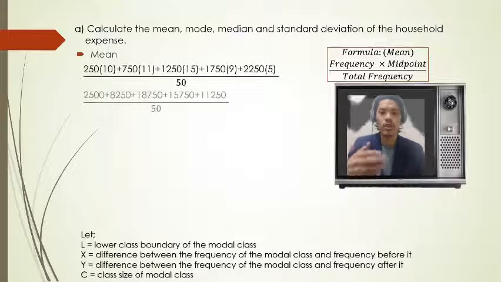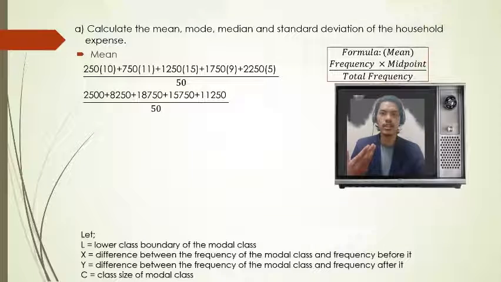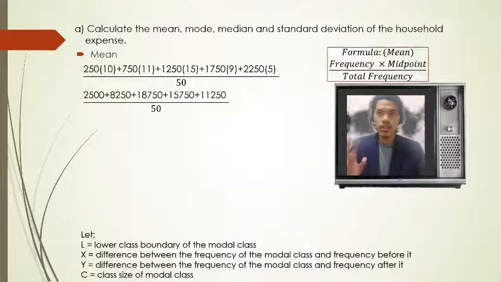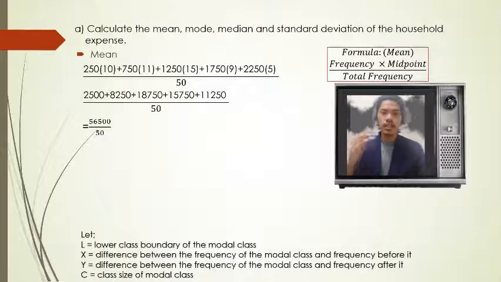According to the data given in the table above, and implementing the formula, we get this calculation: 250, which is the midpoint, multiplied by its frequency, which is 10, and all the other data according to its frequency and midpoint, and we get 56,500 divided by 50.